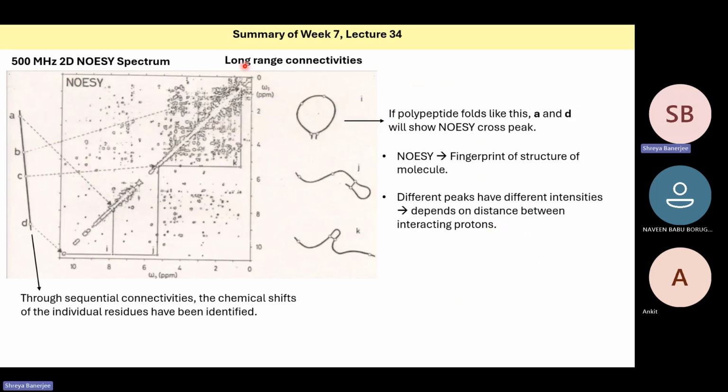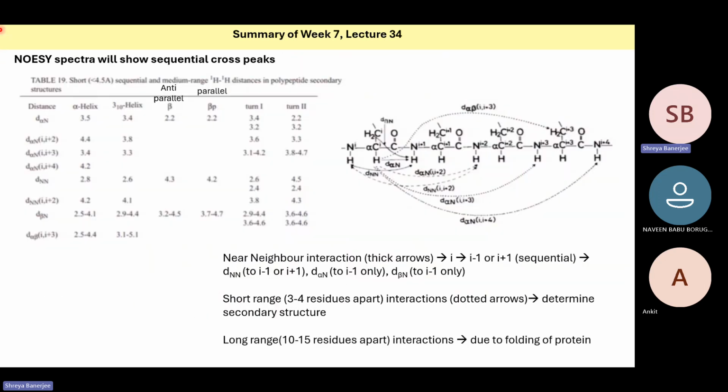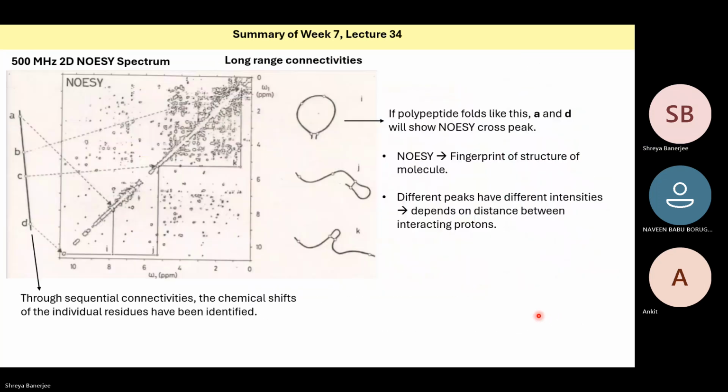Finally, the use of the long range interactions. Long range interactions we discussed before are between 10 to 15 residues apart, and they show us what the tertiary structure of the folded protein is. So suppose you have a polypeptide chain here, and there are 4 residues in this chain shown by A, B, C, and D. Now, what are these residues?